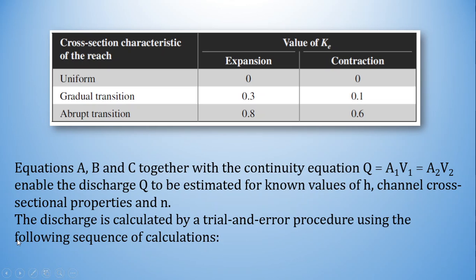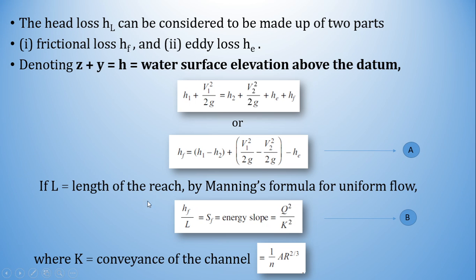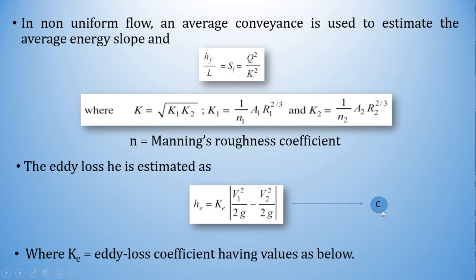Now look at equations A, B and C. Equation A is for finding out the frictional head loss. B is to find out the energy slope, which also has head loss, length, discharge and conveyance of the channel. And equation C has head loss due to eddy, which also has the eddy loss coefficient.